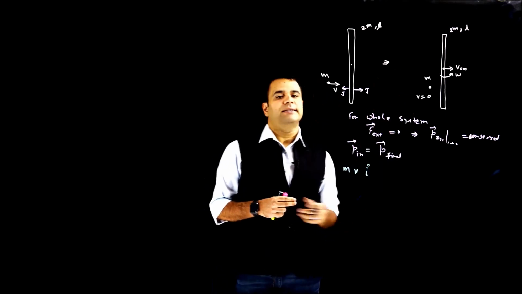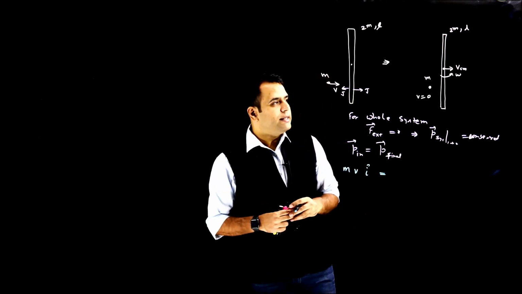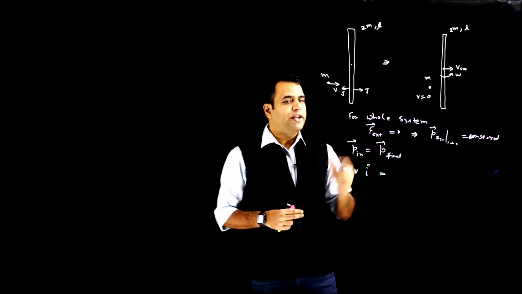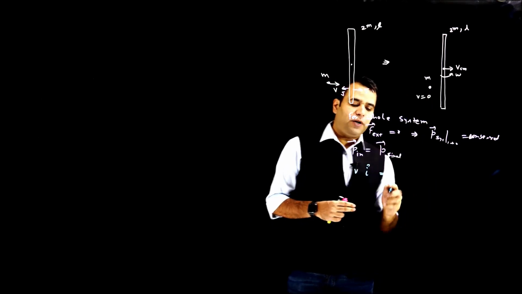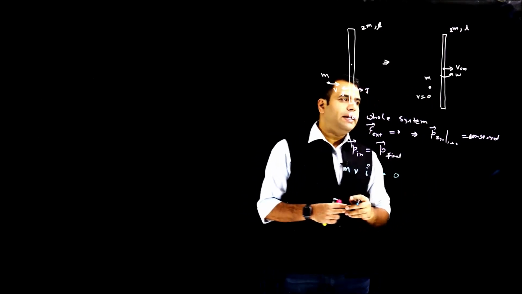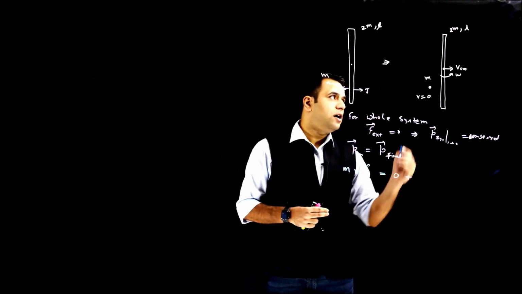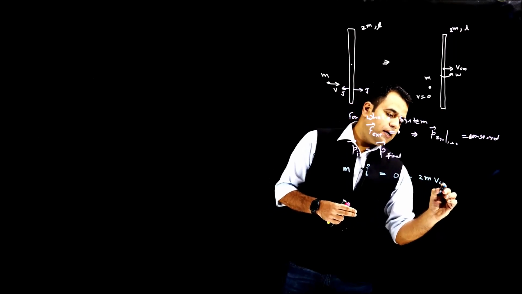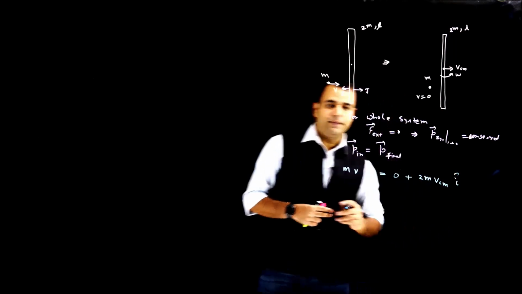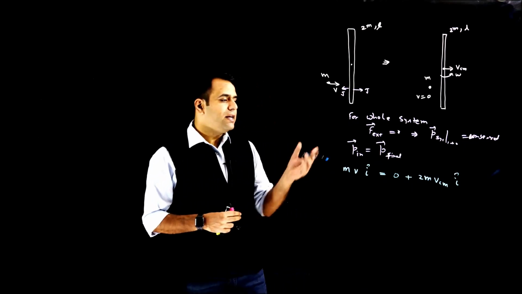I'm taking this direction as i cap. That equals the final momentum, since initially the rod is not moving. And the point mass comes to rest, so the final momentum of the point mass becomes 0, plus this rod gains some velocity, so it will be 2m VCM i cap. So that becomes your equation from linear momentum.